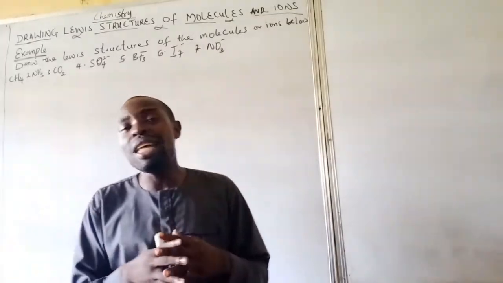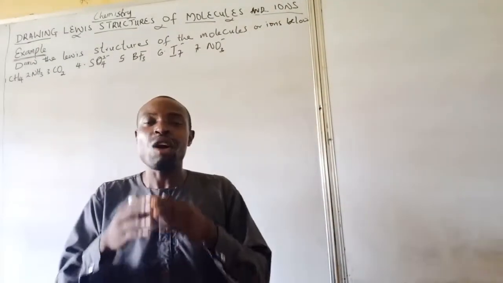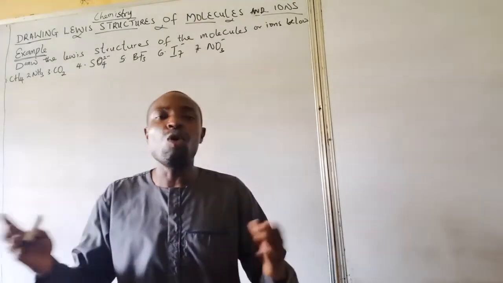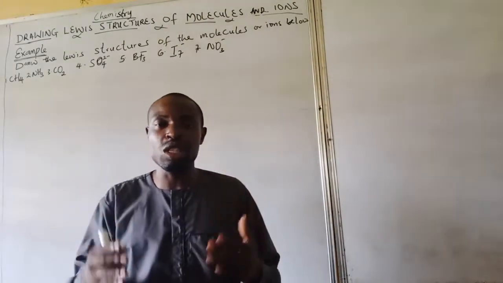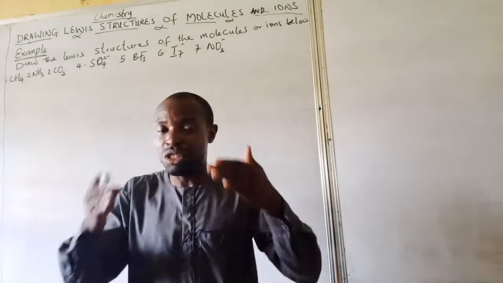Now, as we promised earlier in our previous video on Lewis structure, today we're going to be working strictly on the examples. So I'm going to be working strictly on examples, how to draw them, and so many things about them will be revealed today.